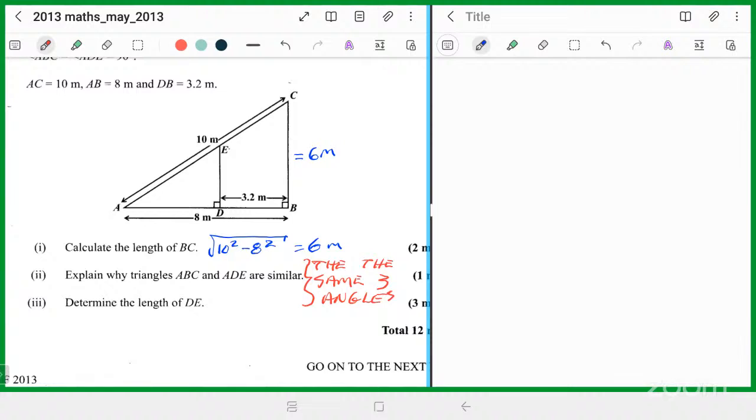All right. Next one down here says calculate the PE. PE is this side. And you know what happens in similar triangles? The ratio of corresponding sides are equal.